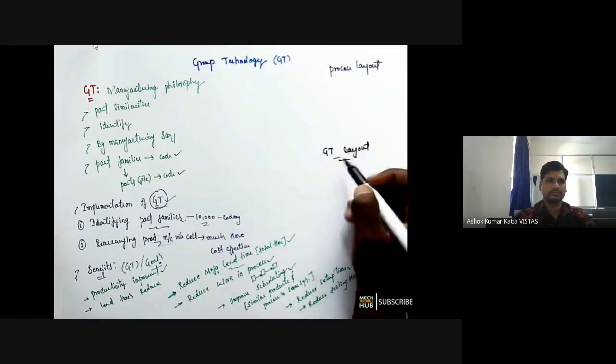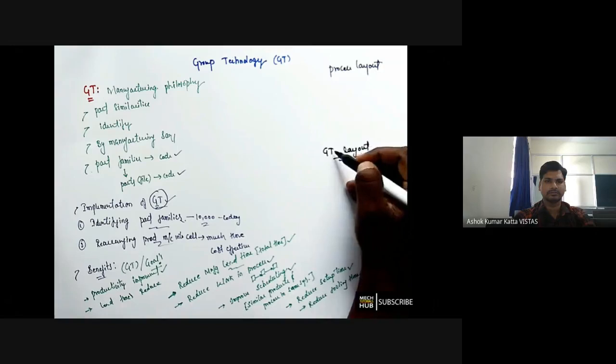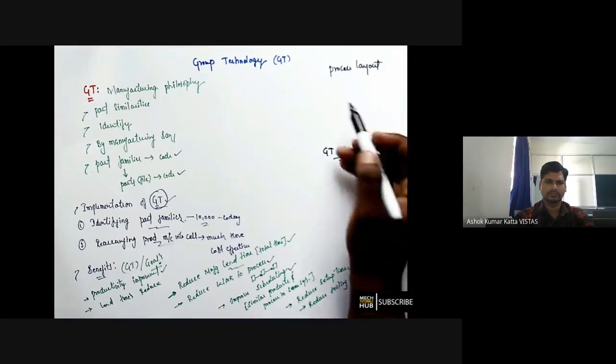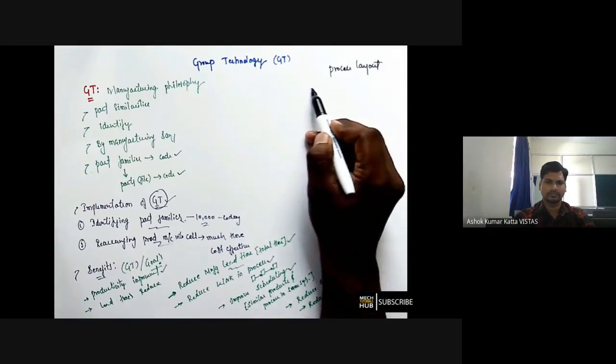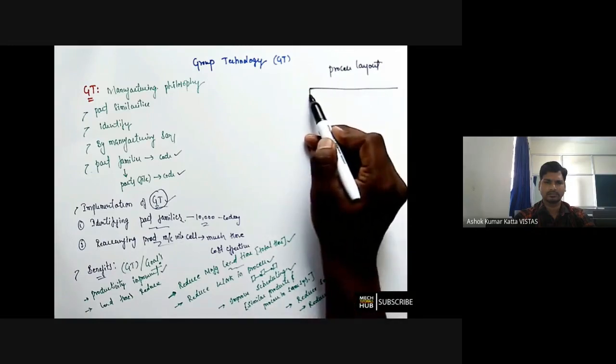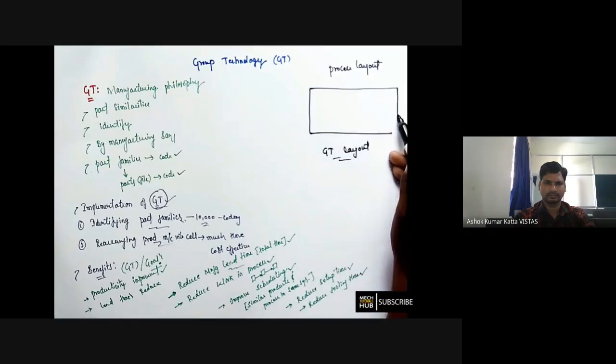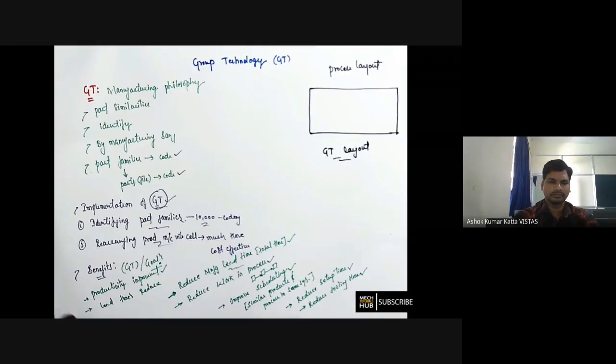Before group technology we used to have only process layout. So how the shop floor used to be in those days: consider the complete space of the shop floor, where you need to place all your machines for a specific work to perform.